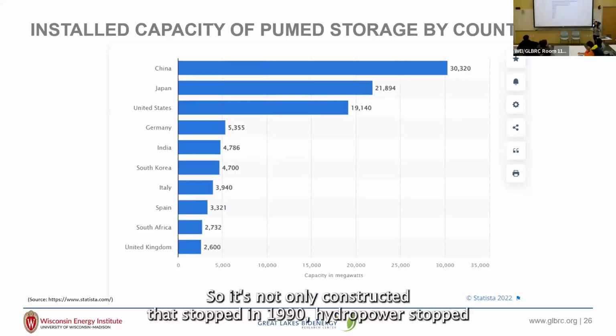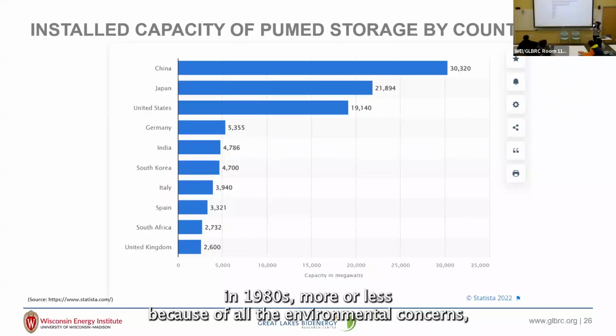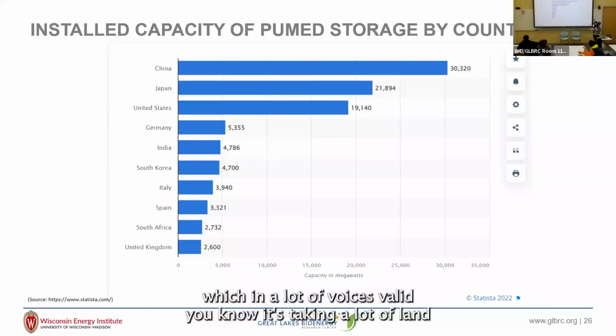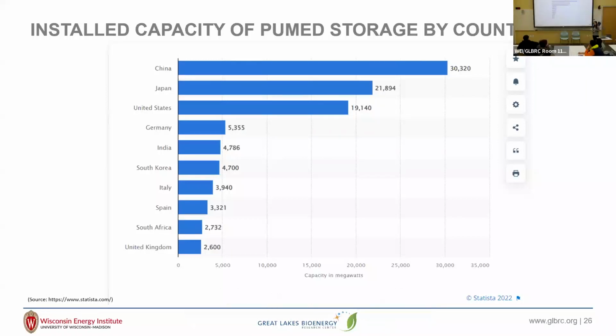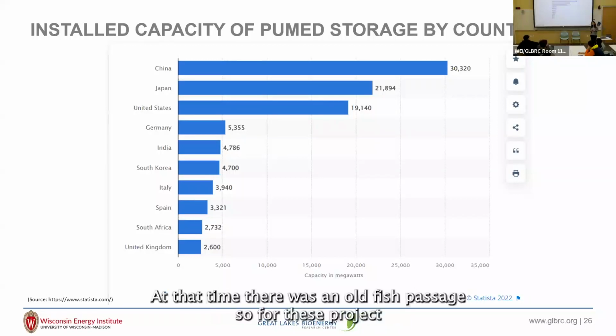So it's not only pump storage that stopped in 1980s. Hydropower stopped in 1980s, more or less, because of all the environmental concerns, which in a lot of ways is valid. It's taking a lot of land. It has issues with fish, right? At that time, there was no fish passage built for these projects.